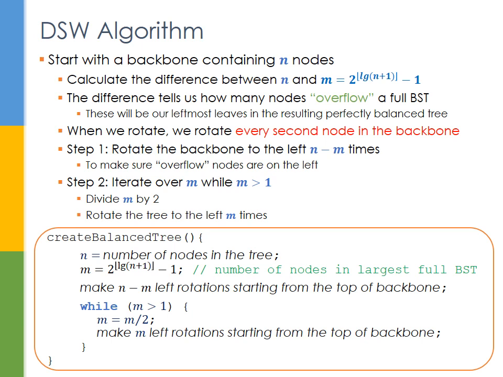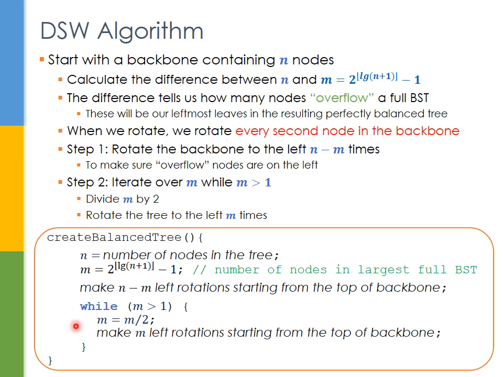Then we compute the difference between these values, n minus m. This gives us the number of overflow nodes, and we perform that many left rotations starting with the top of the backbone and rotating every second node. Once we've completed that set of left rotations, we've dealt with the overflow nodes.